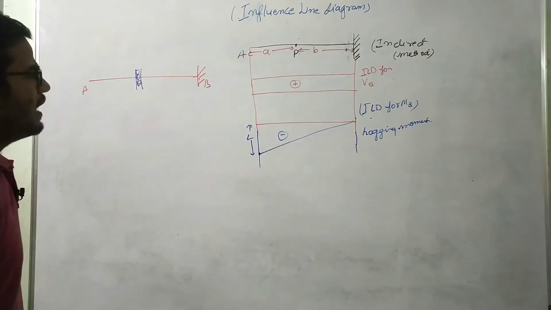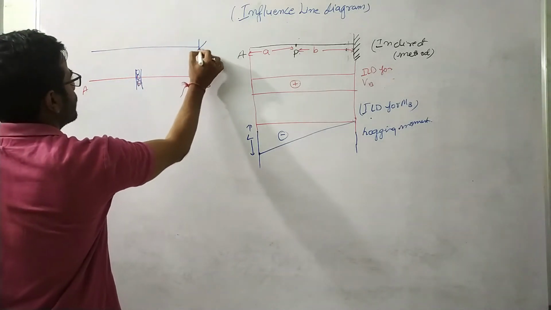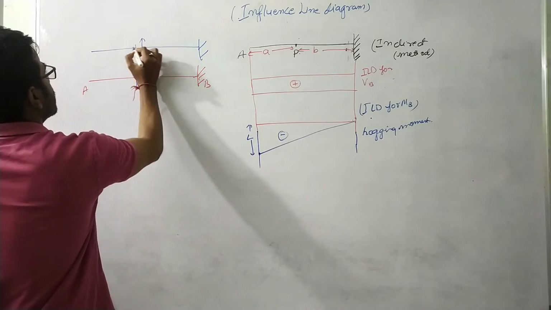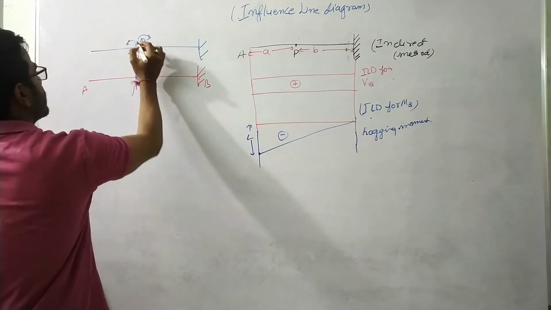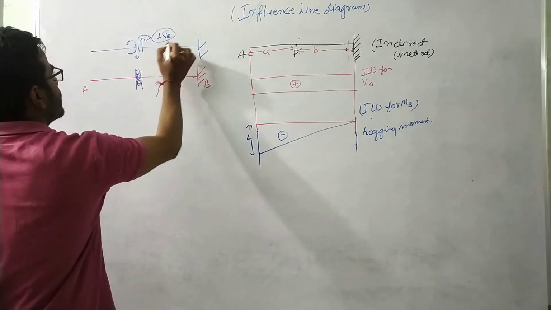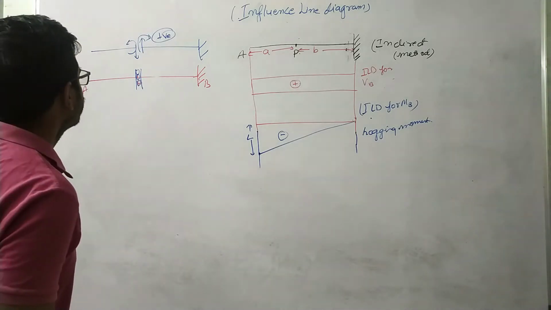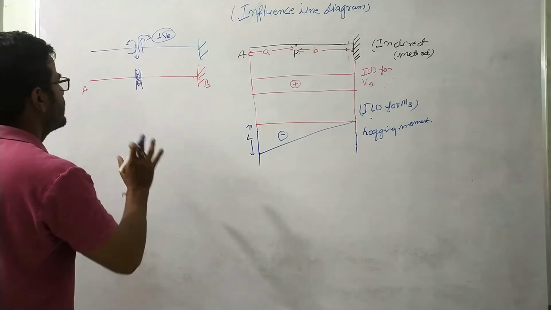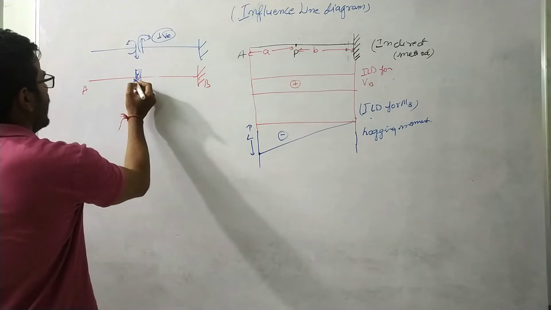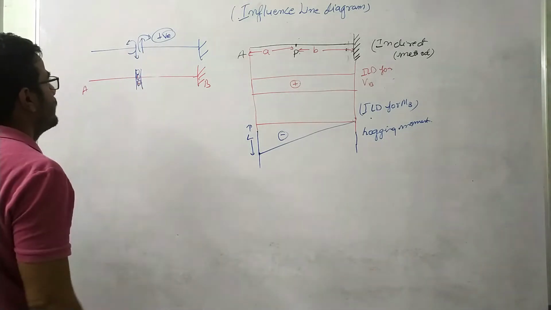The internal forces at this point P in the original beam will look like this. These are positive: this is positive shear force and positive bending moment, right? Now when the shear force is released, we need to apply the unit deformation along this point P in the vertical plane.